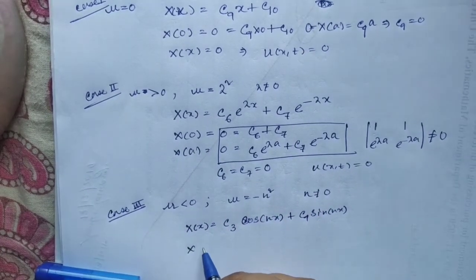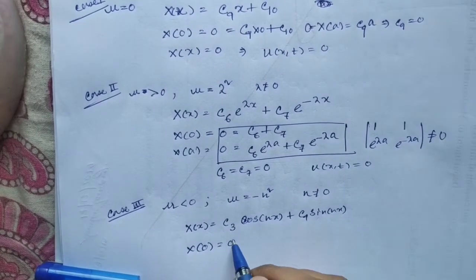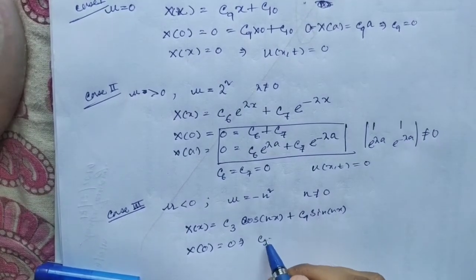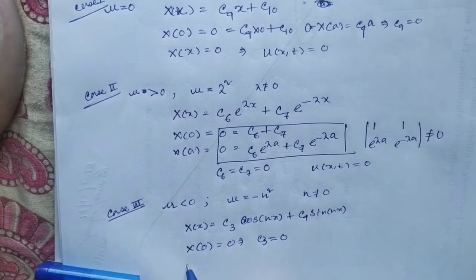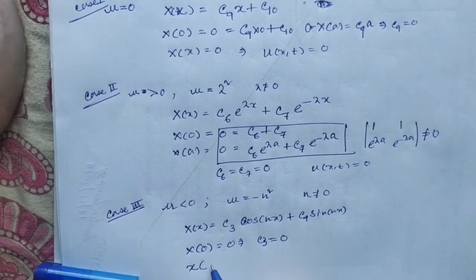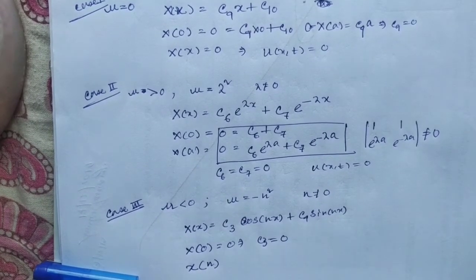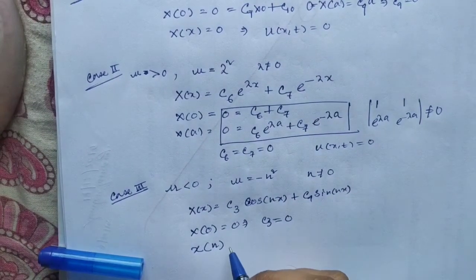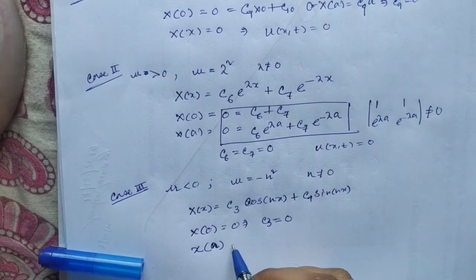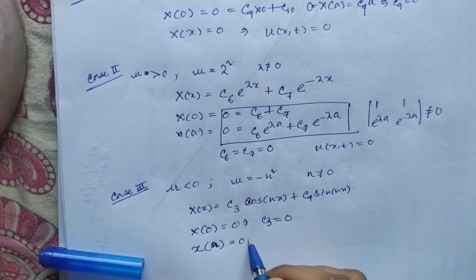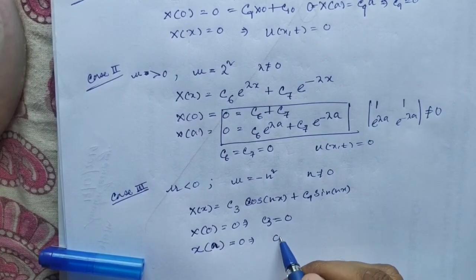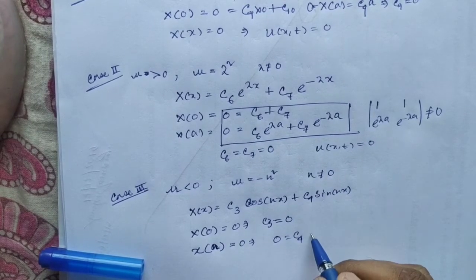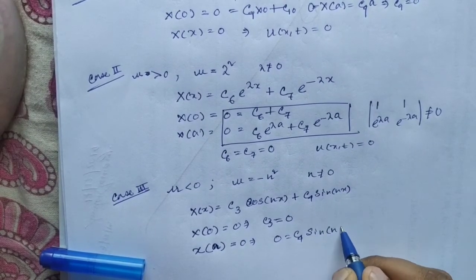And for the next one, X(a) is equal to 0 leads you to 0 equal to C4 sin(na).